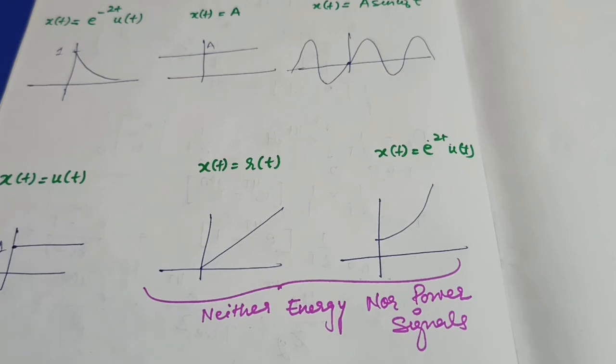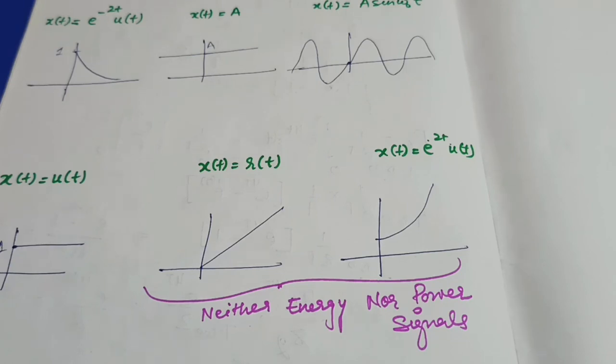Now let's discuss energy signals. Energy signals are basically absolutely integrable. To calculate energy is very simple, it's just the integration of the square of the signal. So it must be an absolutely integrable signal. Okay. So from these signals, which types are categorized as energy signals? Yes, the signal should be absolutely integrable.